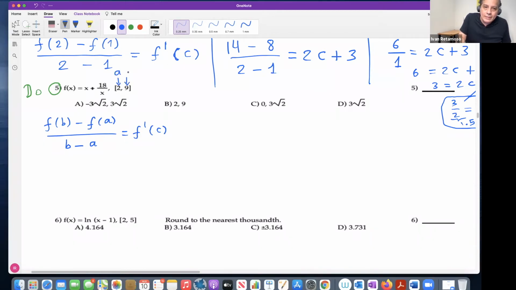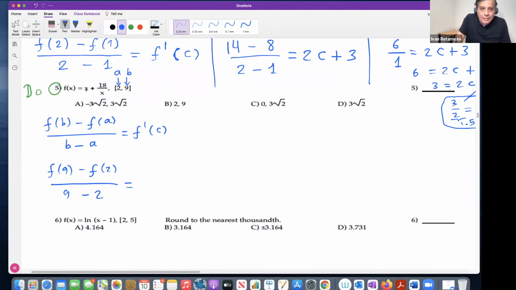B in this case is 9, right? Basically you have to evaluate at 9 first, then subtract the evaluation at 2, then divide by 9 minus 2 here. And then this derivative is the derivative of this.